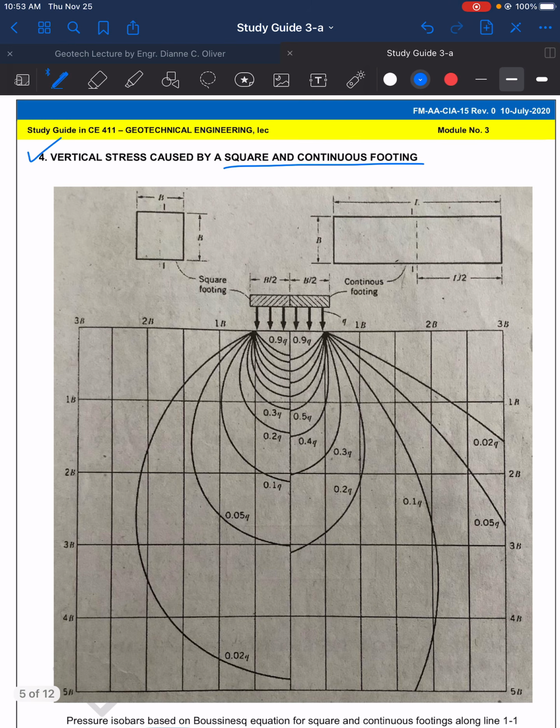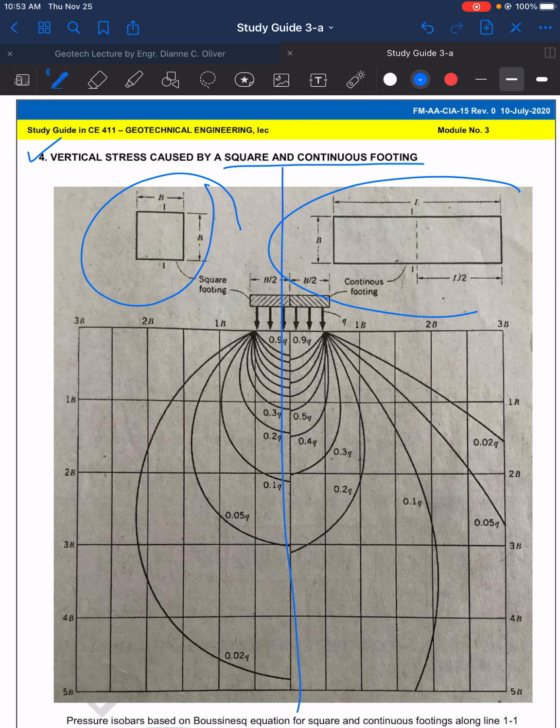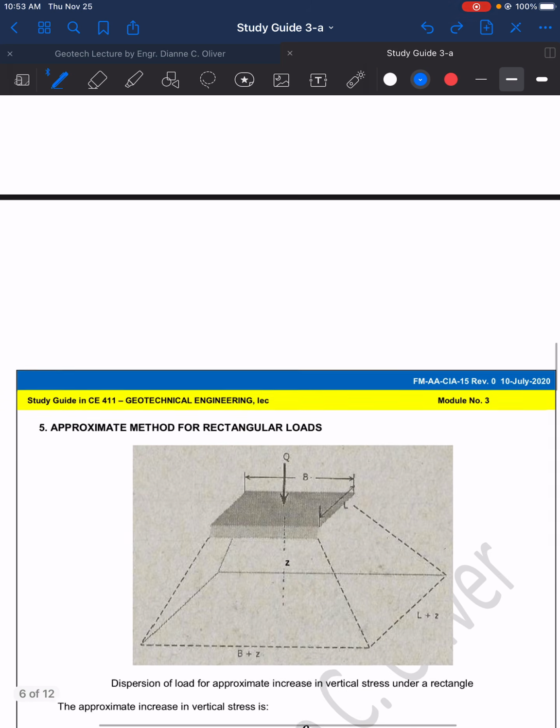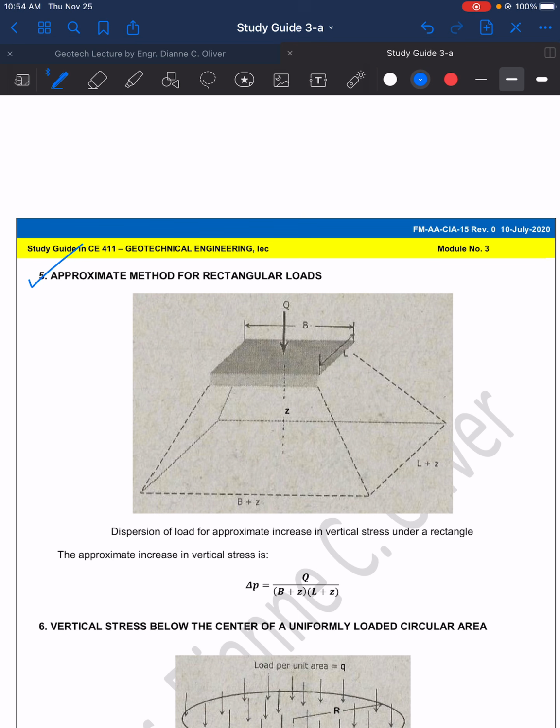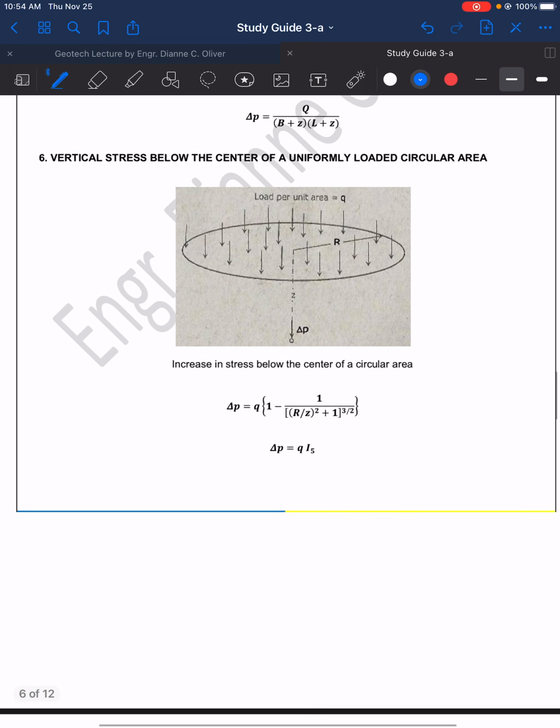It has two cases: half of this chart is for the square, and the other half is for the continuous rectangular footing. Then the fifth one is the approximate method for rectangular loads. This is only an approximation, but if you want quick results, we could use this.